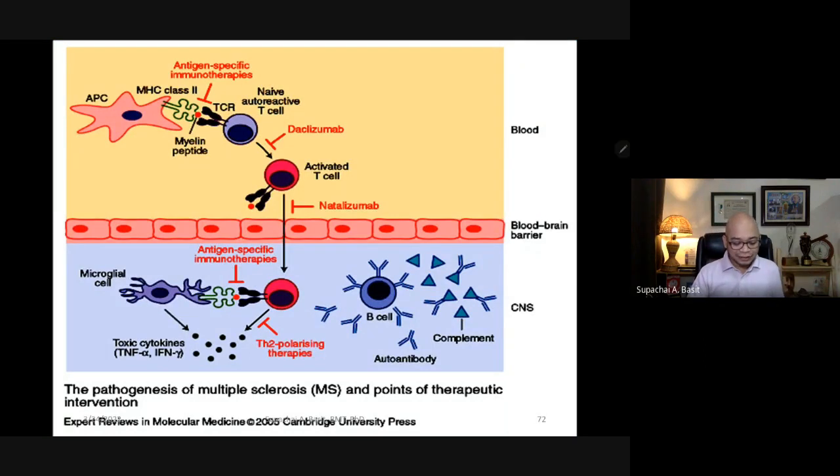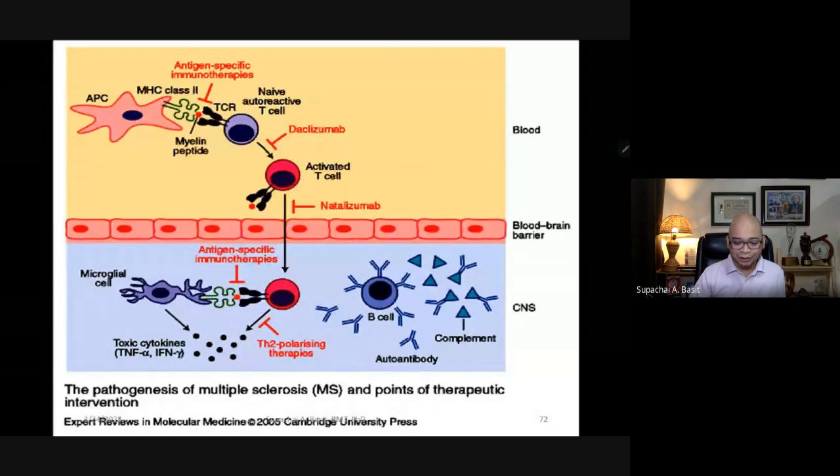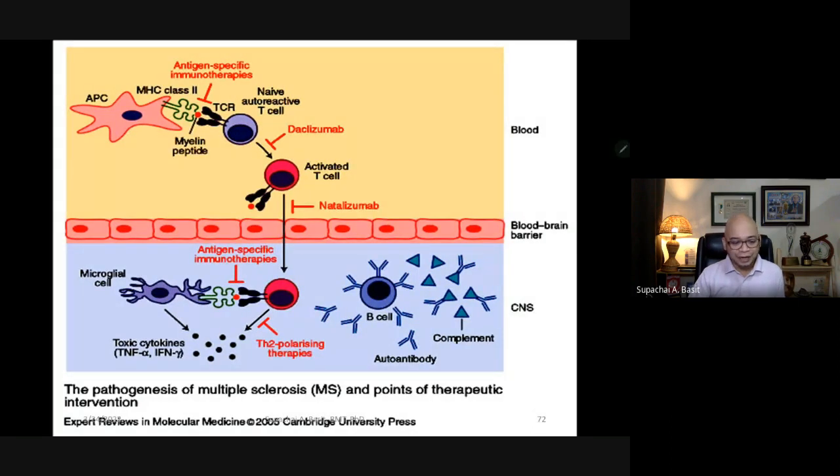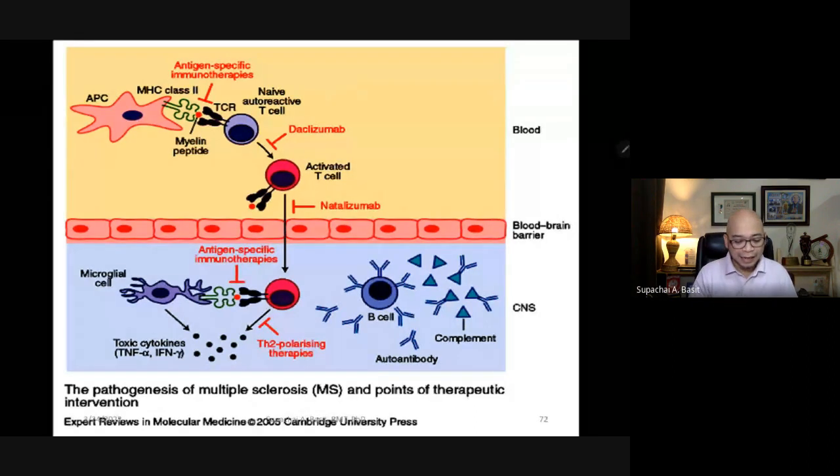Okay, so there is already a therapeutic intervention, and that is, let's say, ocrelizumab.